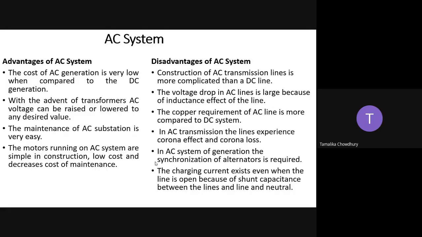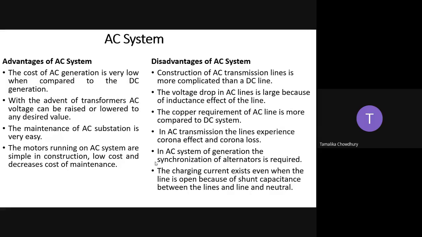You will have to connect a rectifier and inverter at the two ends, input of the transformer, output of the transformer, because it is DC. So DC to AC you have to make it, then again AC to DC. You cannot use transformers without the use of rectifiers and inverters.